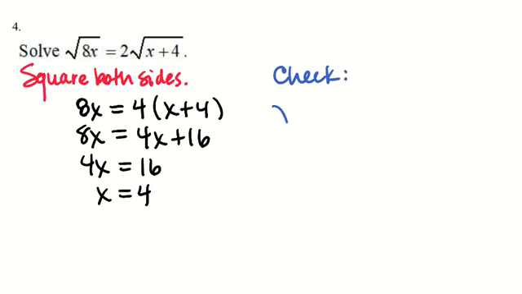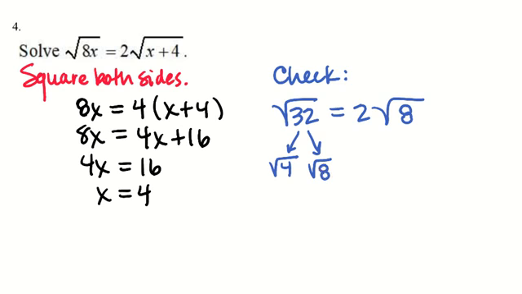And so is the square root of 32 equal to 2 times the square root of 8? Well, you could check this using a calculator if you wanted, or you could split up the square root of 32 into the square root of 4 times the square root of 8. And we know what the square root of 4 is. So yes, 2 root 8 is 2 root 8.